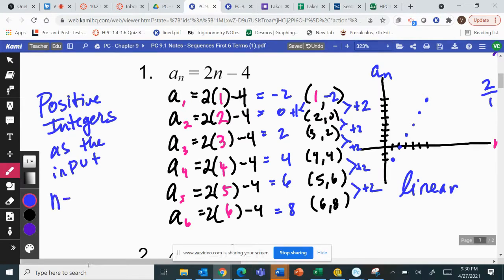So I'm going to say my n values are 1, 2, 3, 4, dot, dot, dot. And it just goes on from there. So I'm not inputting 1.1 or 1.5. I'm not inputting the numbers in between there. So I don't actually connect these. It's linear, but it isn't a line. It's only those specific ordered pairs.